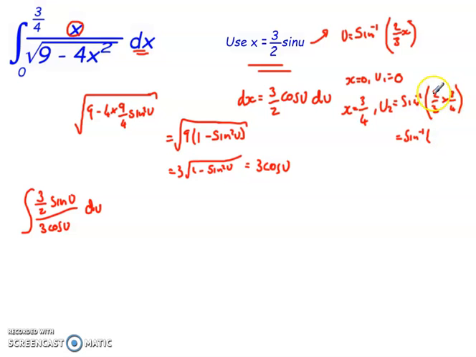Well, the 3's cancel out, I've got 2 over 4, so sine minus 1 of a half. Calculating that gives me an upper limit, u2, of 30 degrees.